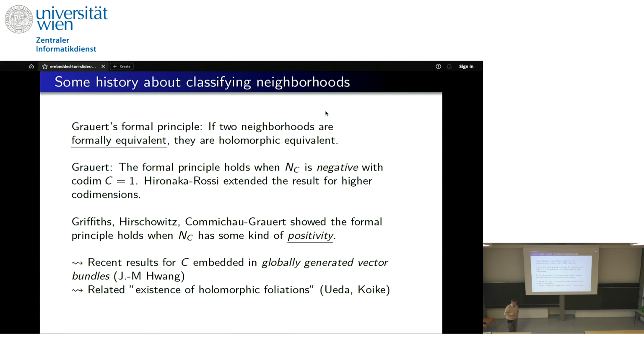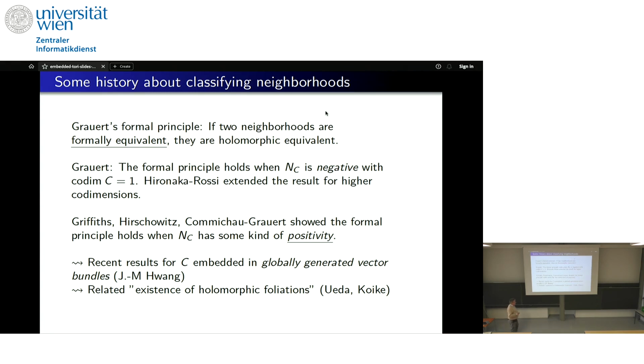This kind of problem was raised in the 60s by Grauert, and it is known under the name of formal principle. If you have a formal equivalence, meaning that you don't have obstruction, in other words an equivalence of any jet of the neighborhood to the same jet of the other neighborhood, you would like to know whether it gives you a genuine holomorphic transformation.